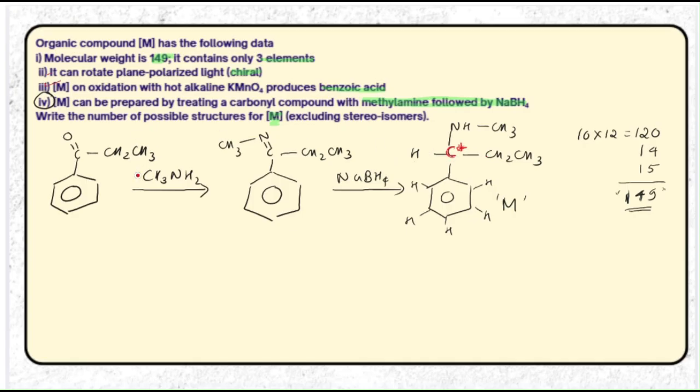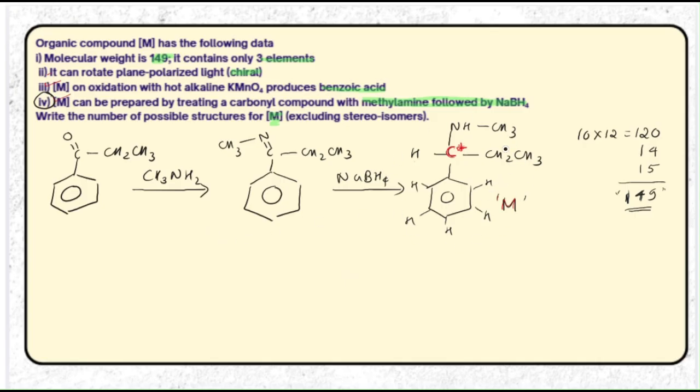So this is also true. Now, M can be prepared, anyway, that's how we started, so this is also true. So this is our M structure, but they're asking what the other possible structures are. That means I have to write isomers of this, which will give a product, and it should also obey all these statements.